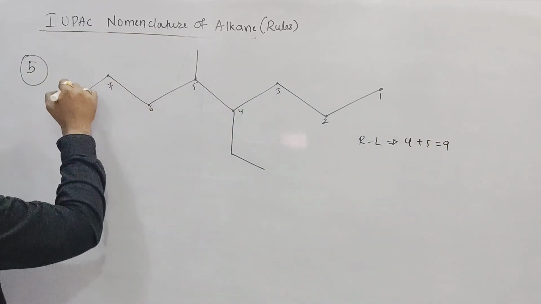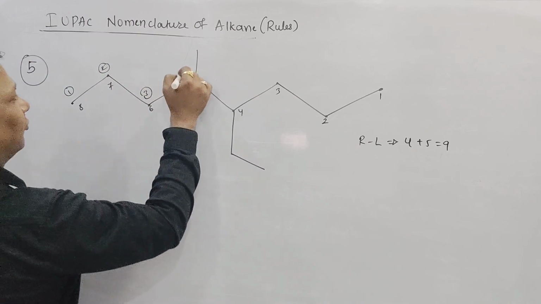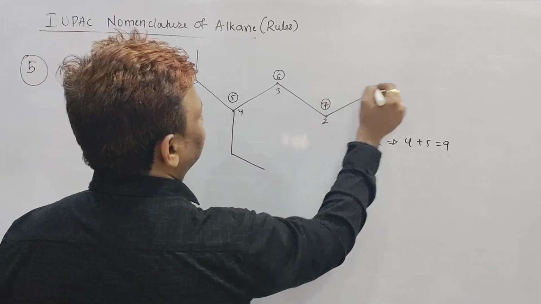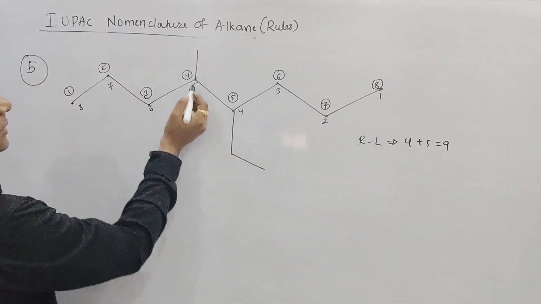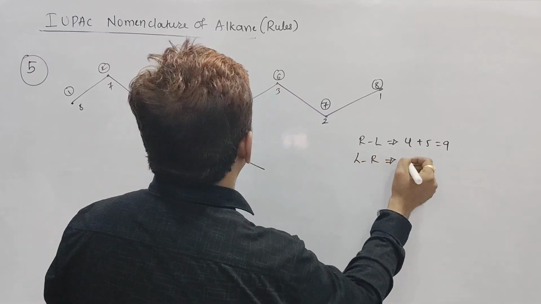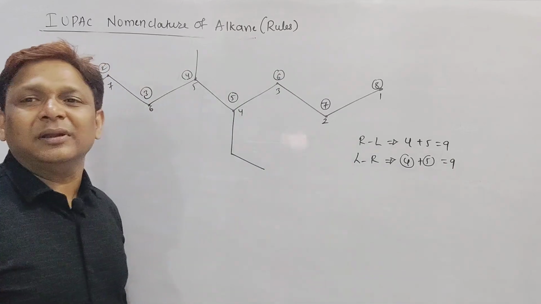But left to right we will also see: 1, 2, 3, 4, 5, 6, 7, 8. Here also there are 8 carbons, and the substituents are on 4 and 5, so left to right I also get 4 plus 5. Sir, both numberings are correct.